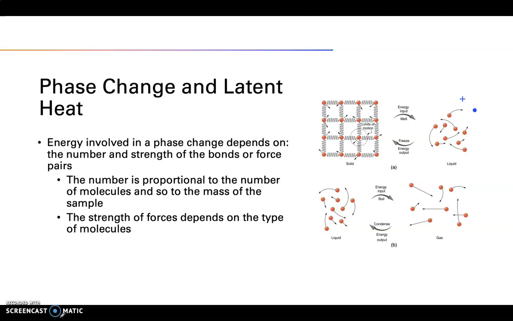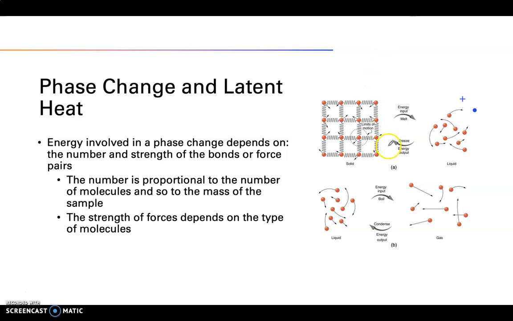So when we're looking at this, we can look at a couple examples here. For this portion A, we have a solid where we've got very limited motion with our molecules. They tend to vibrate back and forth, and they don't really move much other than that.